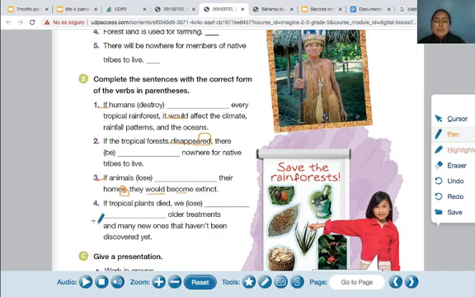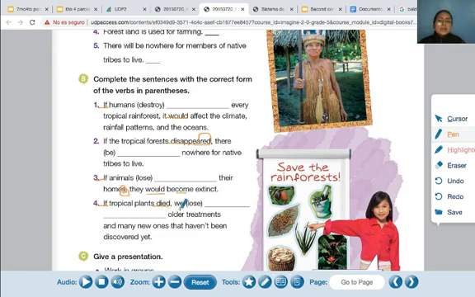Okay. Number 4. If tropical plants died, we the same. In this part, you have a verb. But remember, in the first part, when you use if, the verb is in past, died.